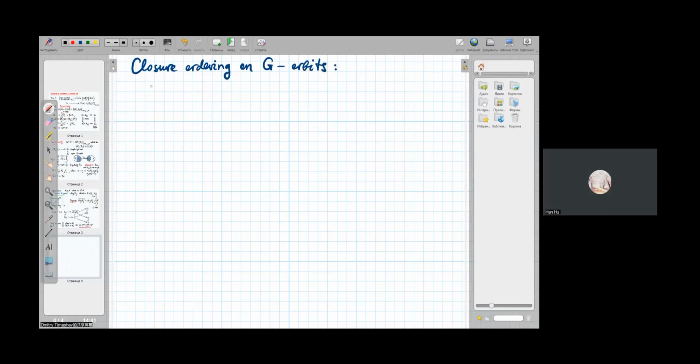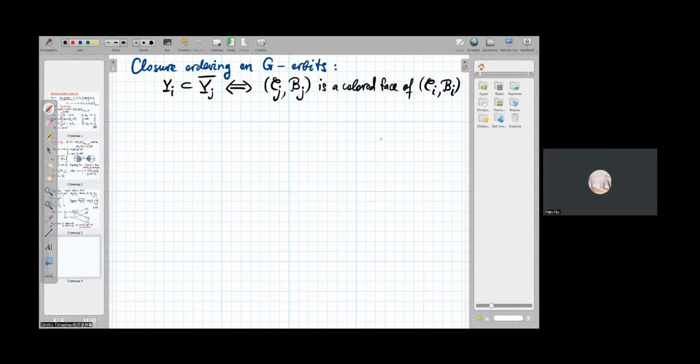In the previous notation, one orbit y sub i is contained in the closure of another one, y sub j, if and only if the colored cone associated with the bigger orbit, Cj, Bj, is a colored face of the colored cone associated with the smaller orbit, Ci, Bi.